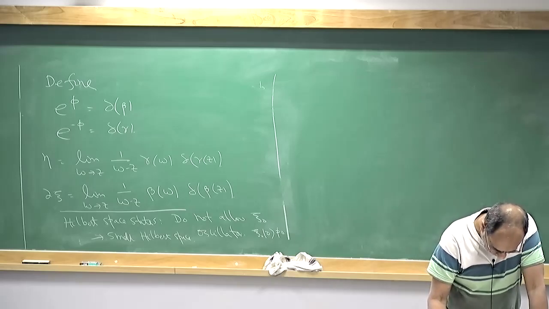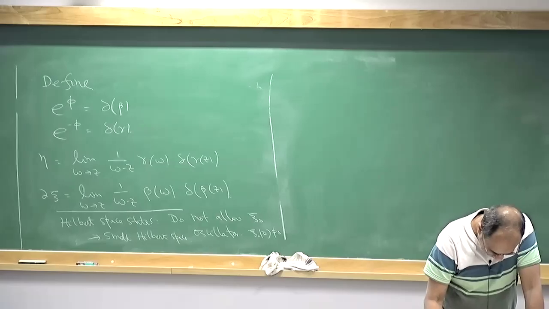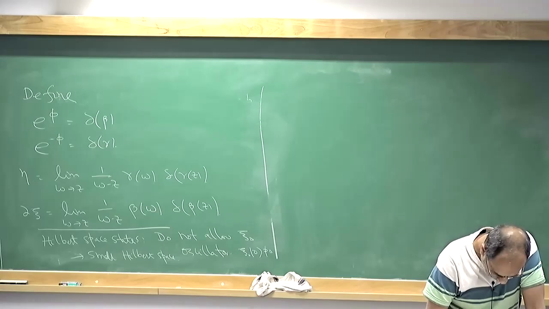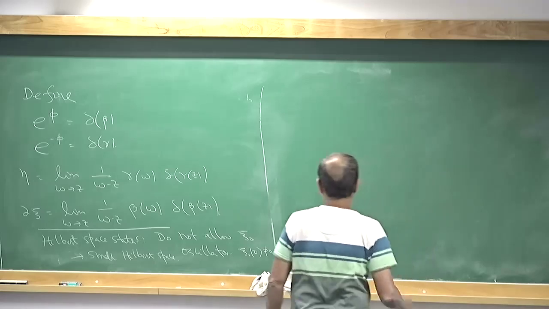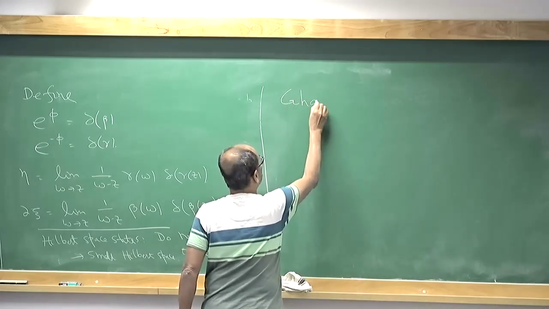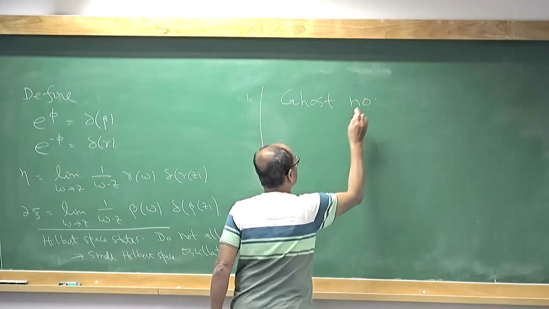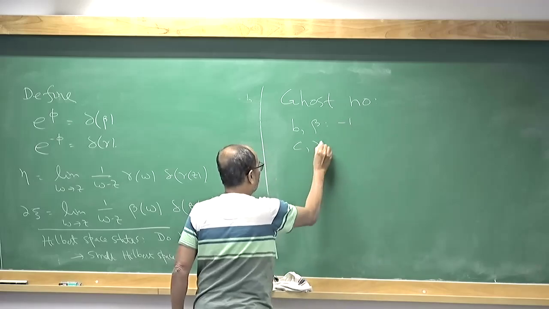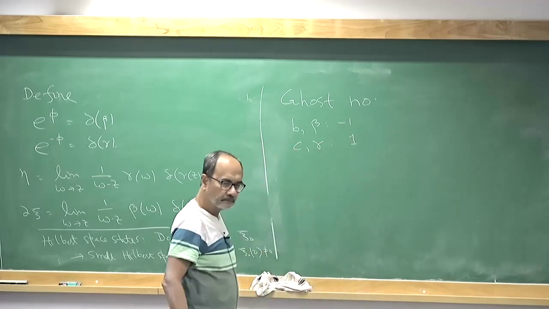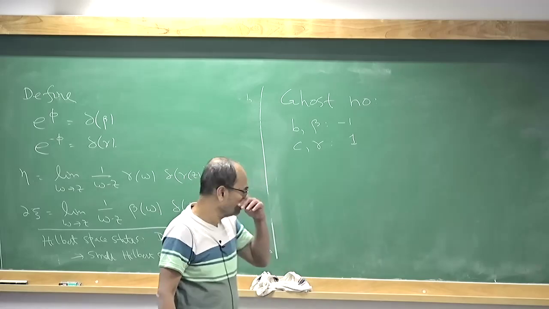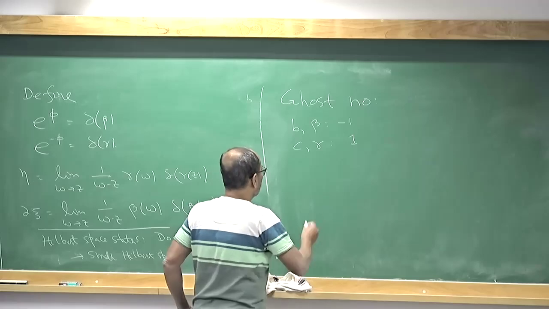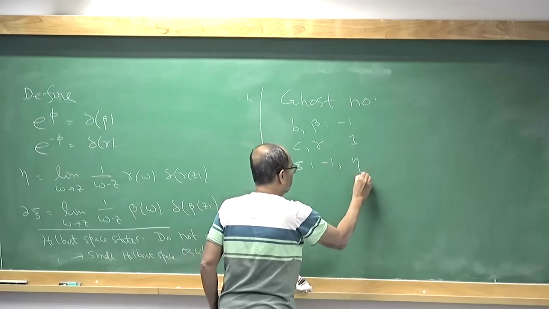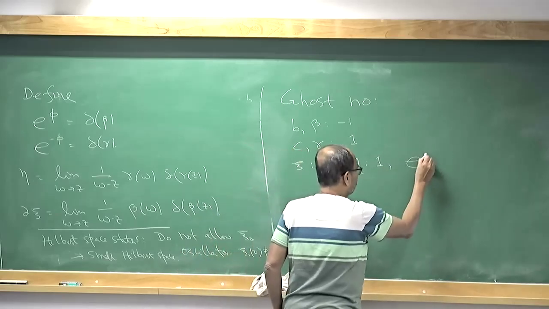Okay, now let me define ghost number. b and beta are -1, c and gamma are 1. This is standard. In the xi eta phi system, we will use xi as -1, eta as 1, and e to the q phi as 0.